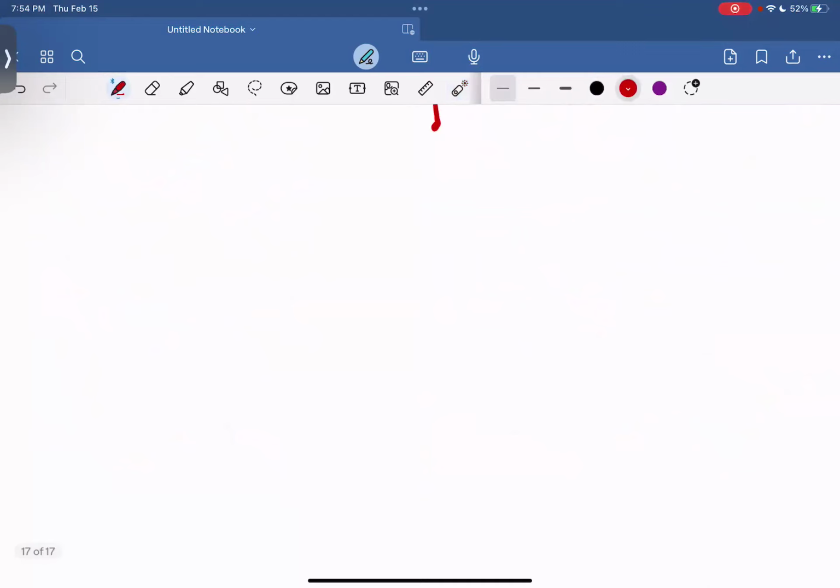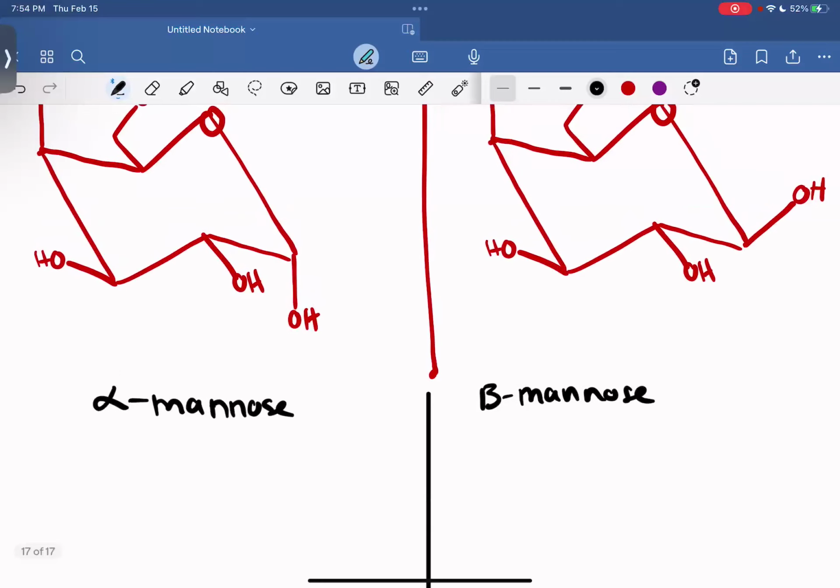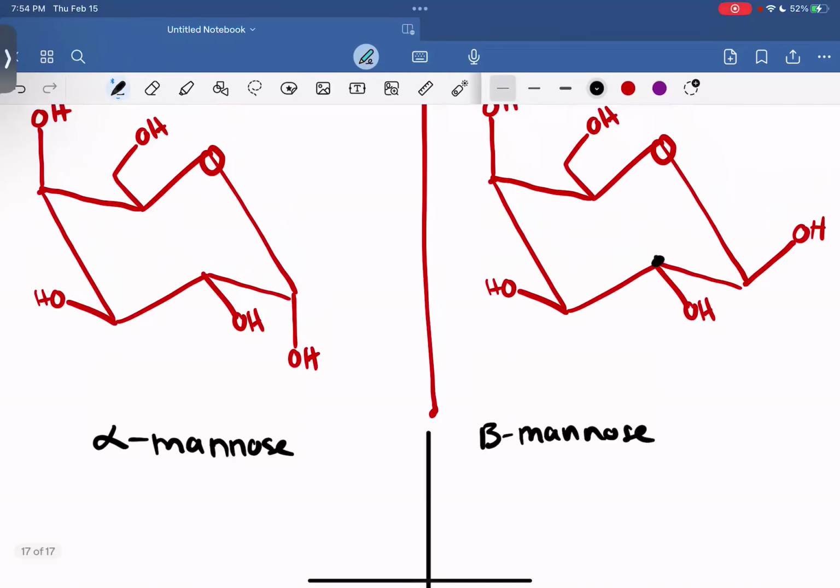The next one we need to learn is alpha mannose, and then beta mannose. And this is where carbon number 2 is going to go up instead of equatorial. Okay, so let's draw that.